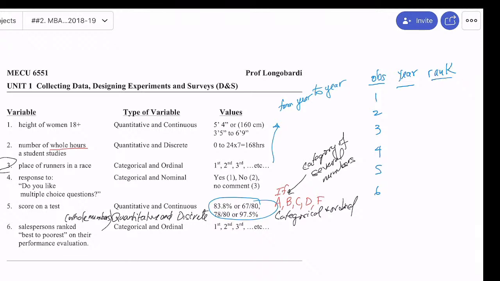So let's say we had a number of athletes, and the first person, let's say we assigned them numbers. So this is data from a population of Olympic runners.